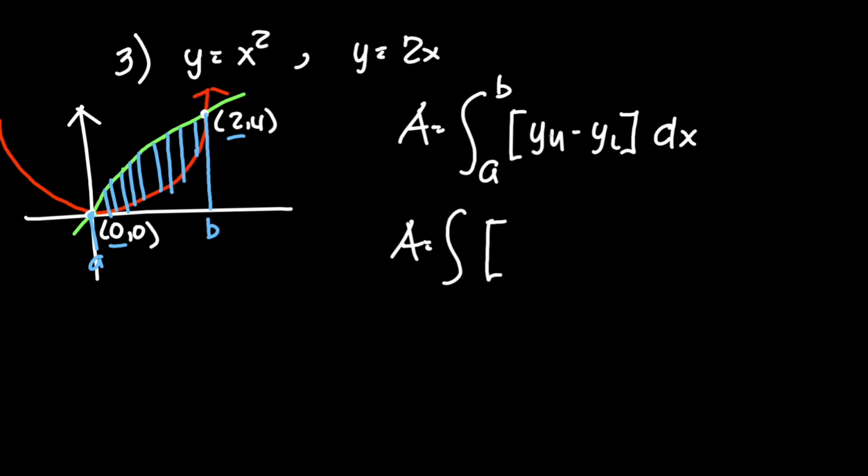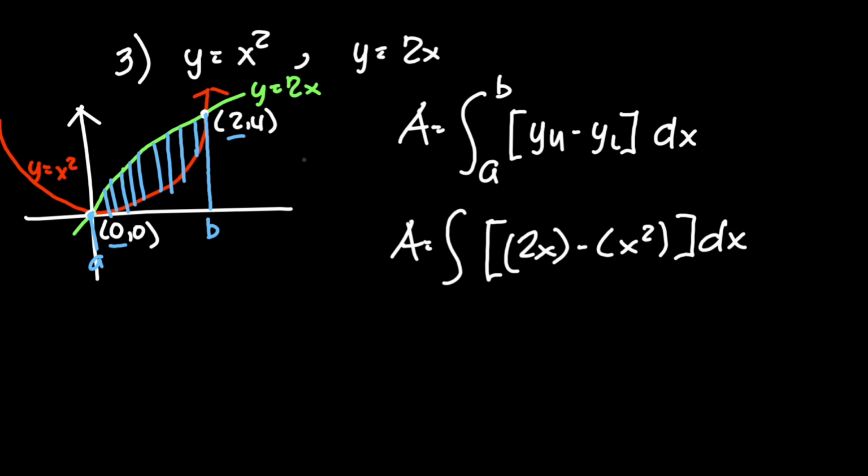So y upper, what it touches right here on the top, is this line, y equals 2x. It would be 2x minus the value of y lower. It touches this red graph, so this corresponds to y equals x squared, of dx with the upper limit of b which is 2 and lower limit of a which is 0.